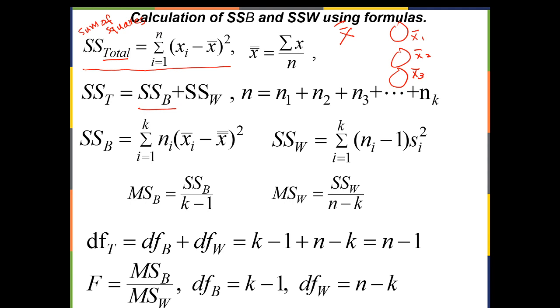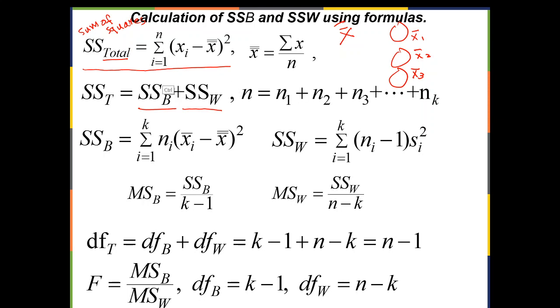So the sum of the squares of variation from the means of their own groups. That's what this is. And this one is the sum of the squares between. That is the sum of the square variations of the group means from the grand mean, given the 3 groups.